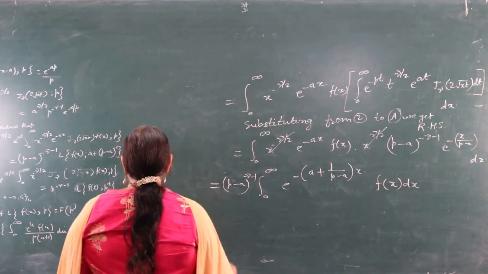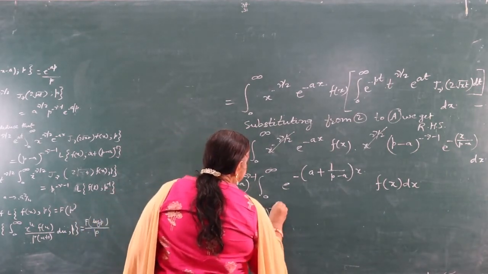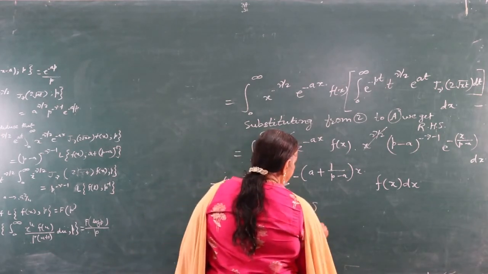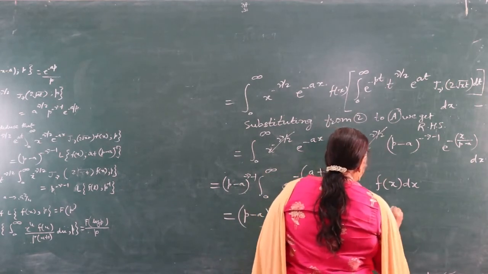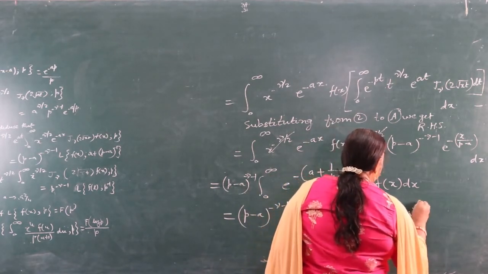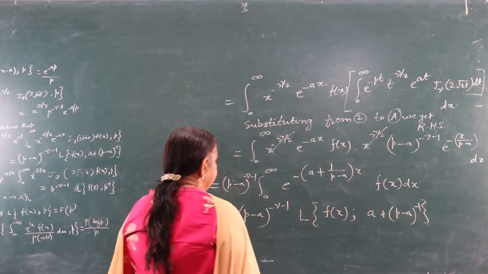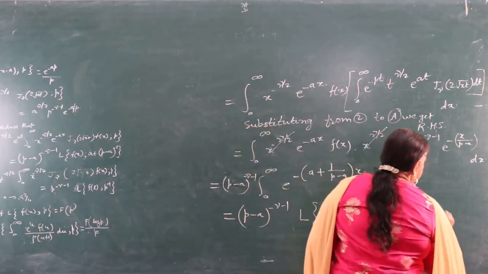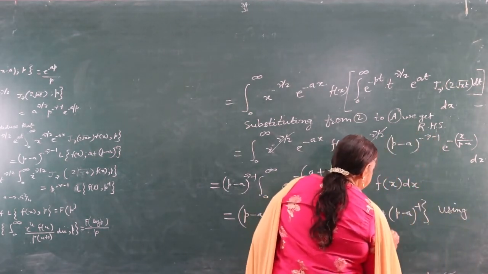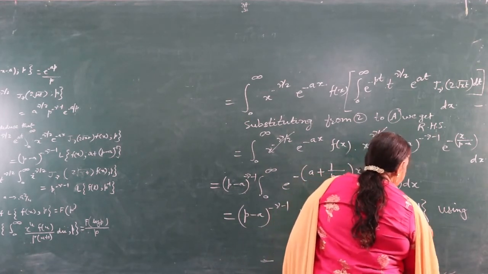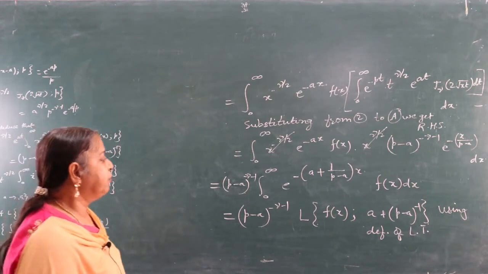Now using definition of Laplace transform, we can write it as Laplace transform of f(x) at a plus p minus a raised to power minus 1. Hence the result. This we have to prove.